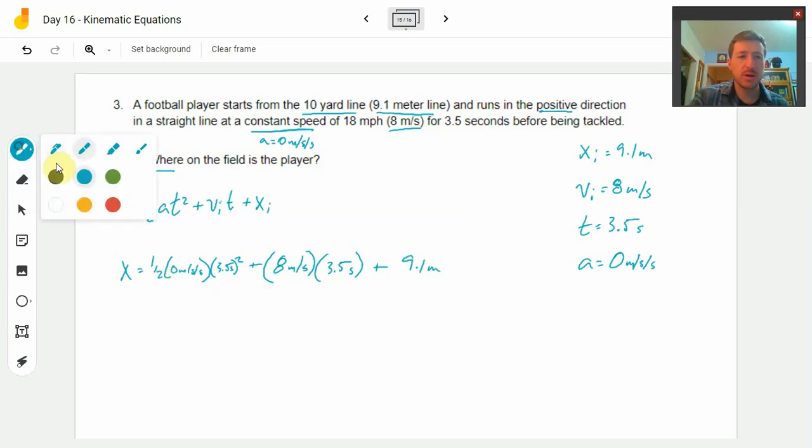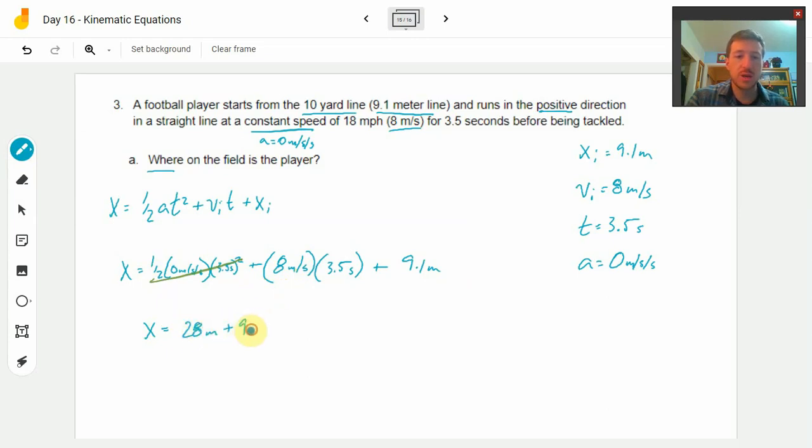Since we're multiplying by 0, this whole part cancels to 0. So then I get the position is equal to 8 times 3.5, which is 28, plus 9.1 meters. So that brings us to a final position of 37.1 meters down the field.